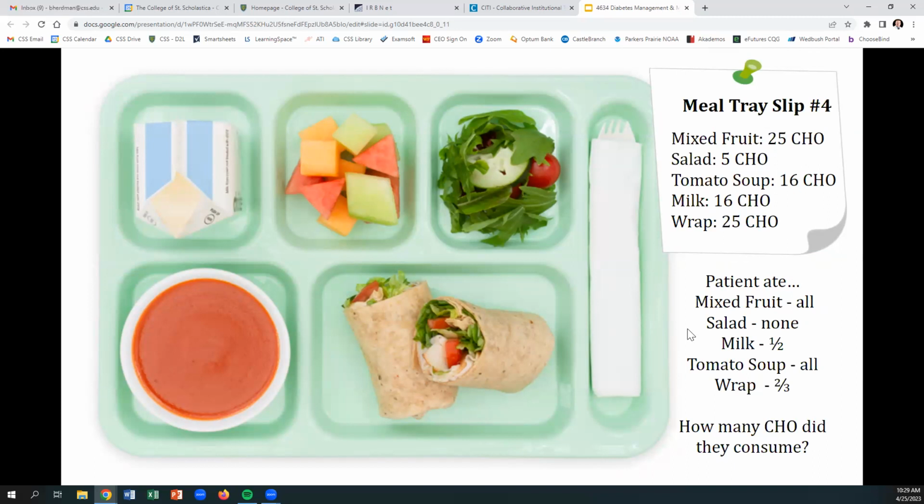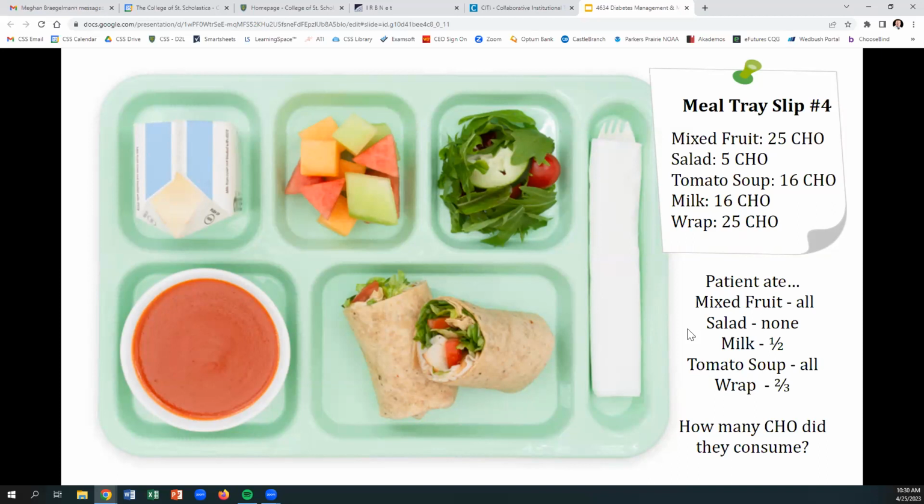Here you've got a meal tray slip, and then you've got some information about what the patient ate. How many carbohydrates did they consume? All right.